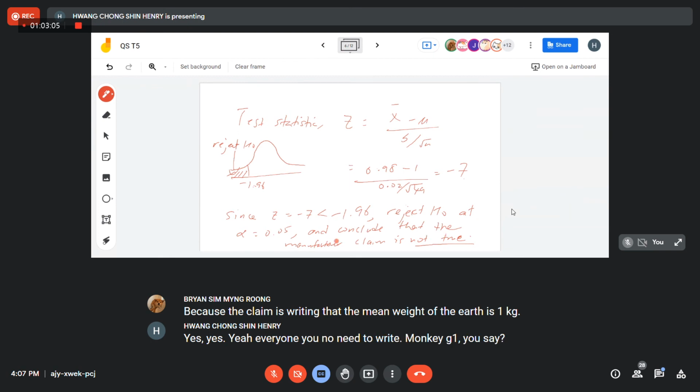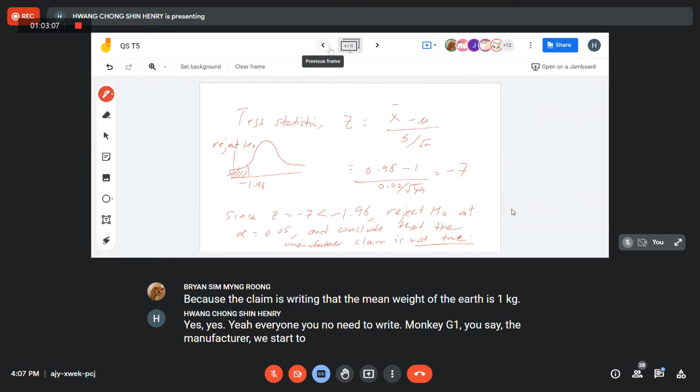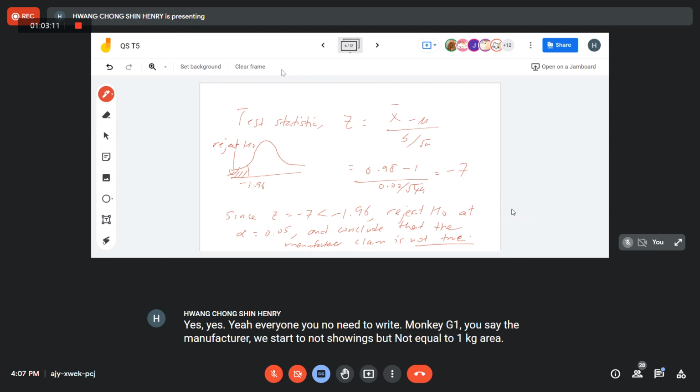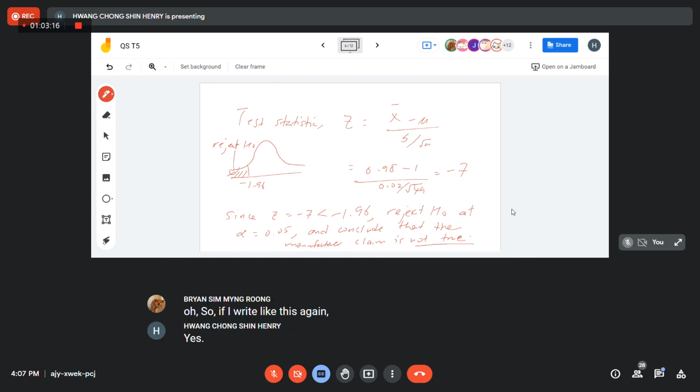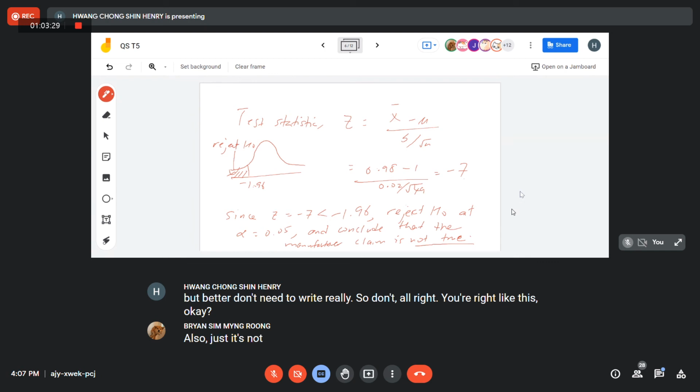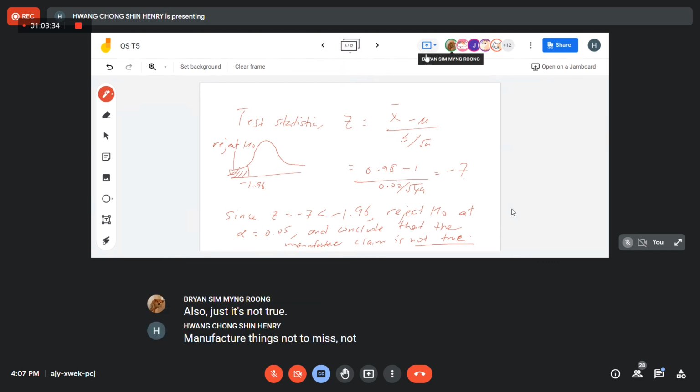You say the manufacturer claim is not true. Not true means not equal to 1 kg already. If I write it's not 1 kg, can, but better don't write. No need to write, I'm worried you write wrongly only. So don't overwrite. Just write it's not true. Manufacturer claim is not true means not 1 kg. Okay.